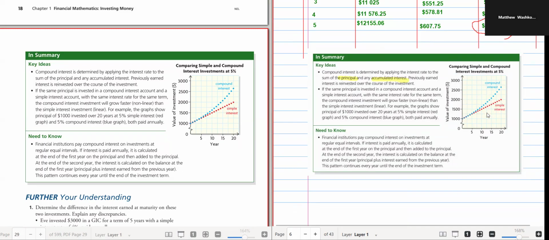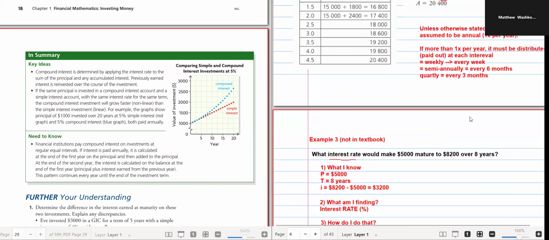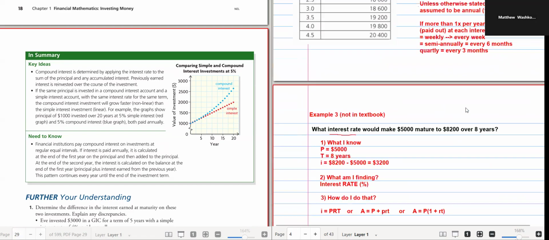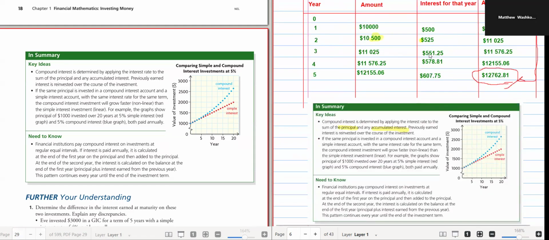Stop writing, look at the chart. Simple interest, it goes up the same amount every single year, right? Up here, it was plus 500, plus 500, plus 500, plus 500. Up here, it was plus 30, plus 30, plus 30, plus 30, plus 30. But we saw that was not the case with compound interest. 500, 525, 550, 578, $607. It goes up and up and up.